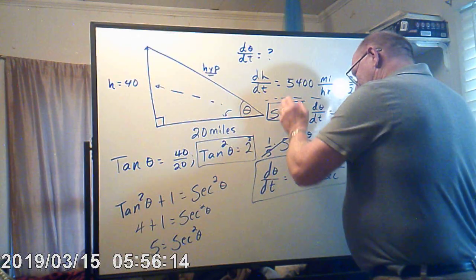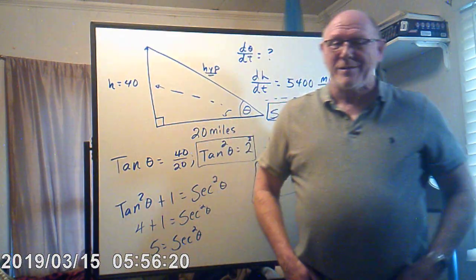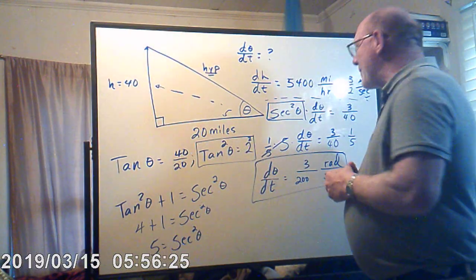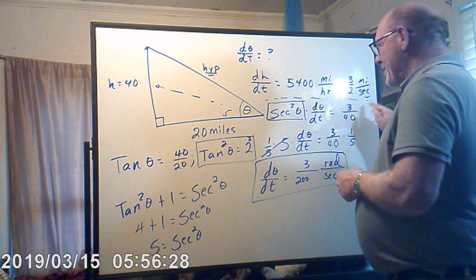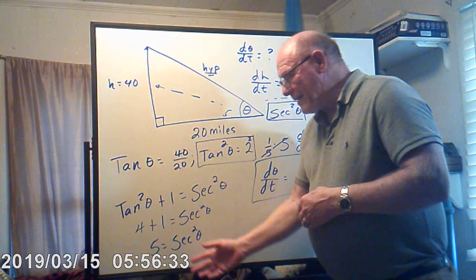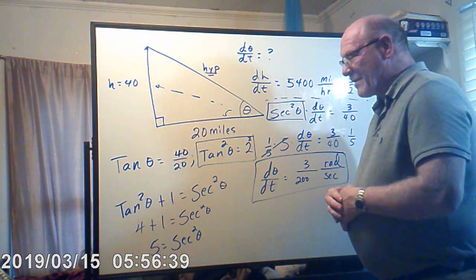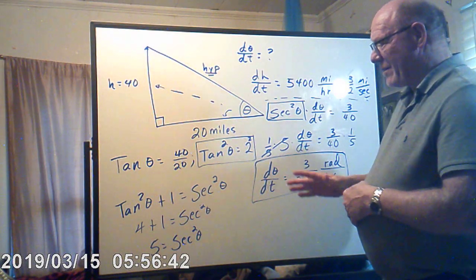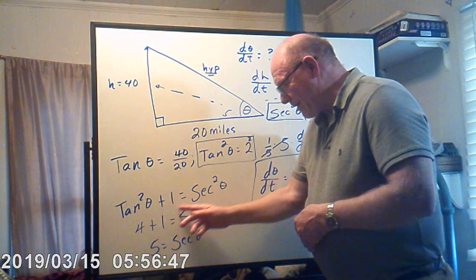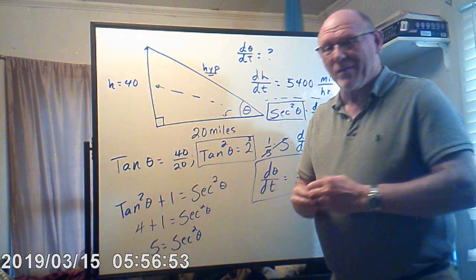In place of secant squared, you're putting 5, just the number 5. Maybe you would already get this given to you, so you would not have to convert this. Would you need to do this? I don't know. But again, the derivative of tangent is secant squared, so you really would like to figure out what secant squared is equal to. And so we had to use everything to get everything there.